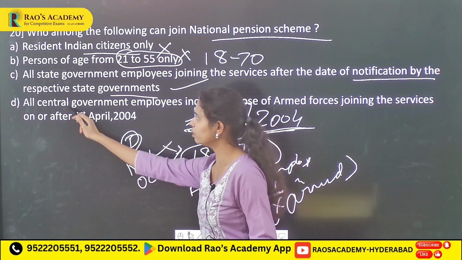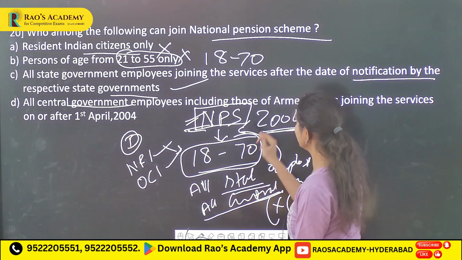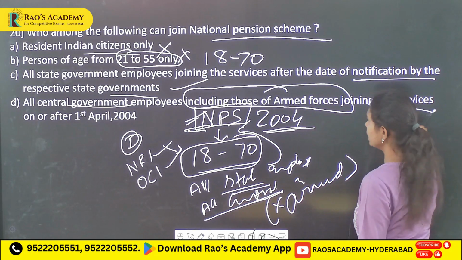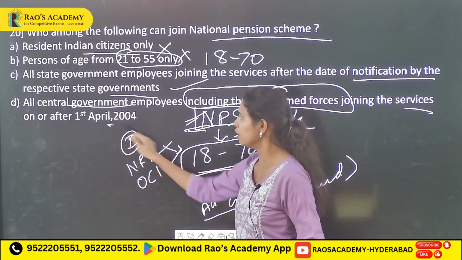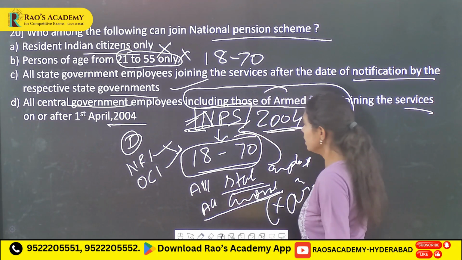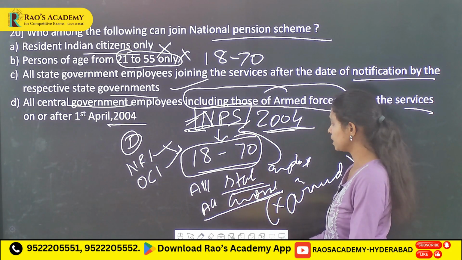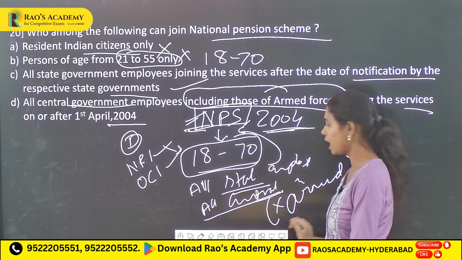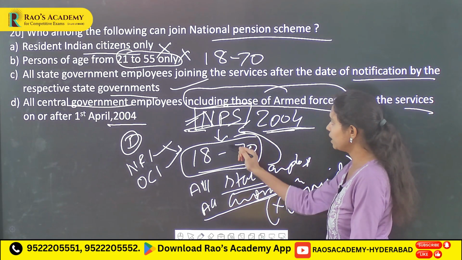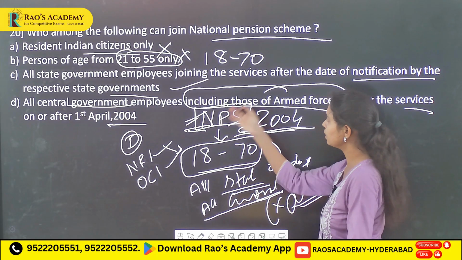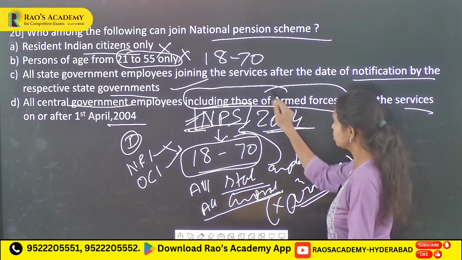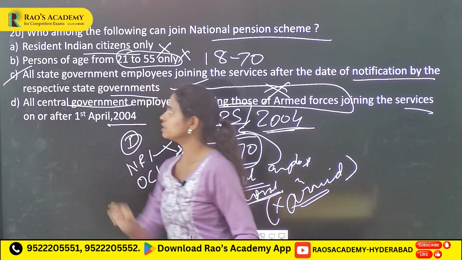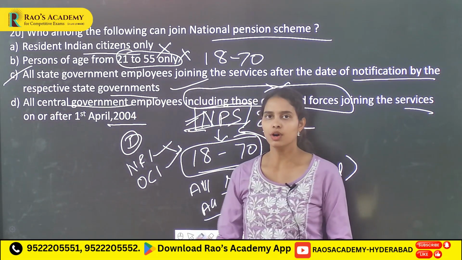Then followed by all central government employees including those of the armed forces joining the services on or after 1st April 2004. Usually under this scheme all the central government employees except the armed forces are applicable, but here it has given inclusion of the armed forces. So it made the statement incorrect. So option C is the correct answer with regard to National Pension Scheme.